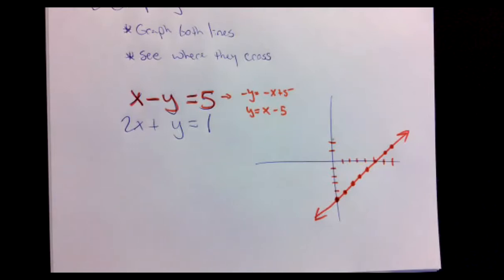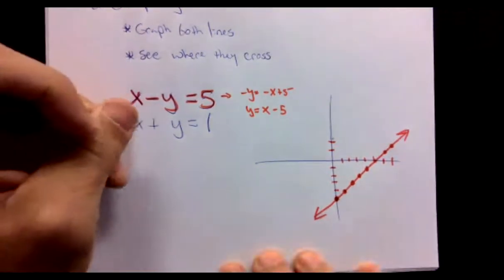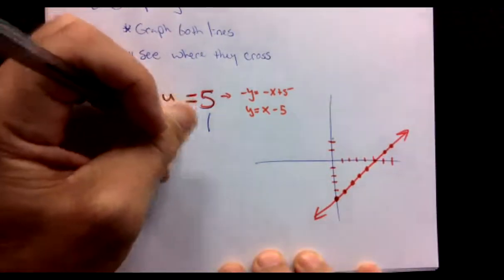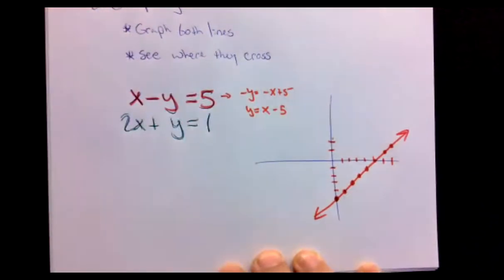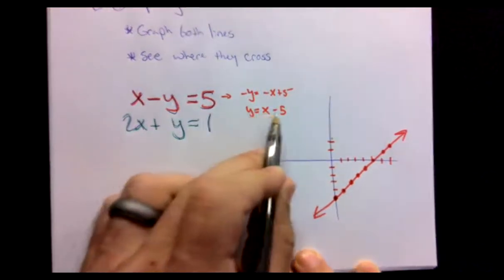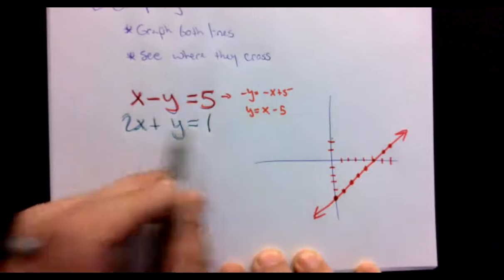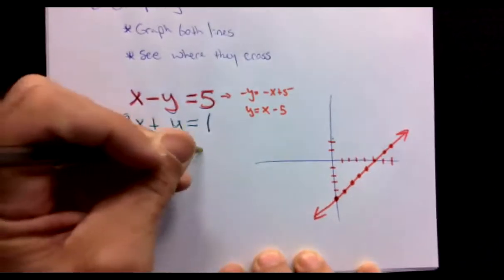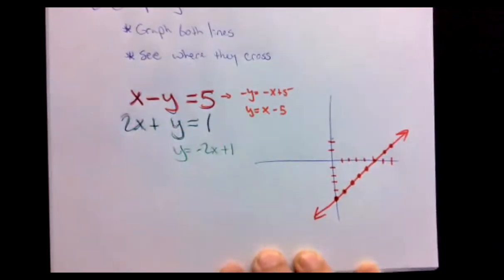We can play the same game, do this 2x plus y equals 1. Again, I'm going to get the y by itself. I want to put this into slope-intercept form. So if I subtract 2x from both sides, I get y equals negative 2x plus 1.